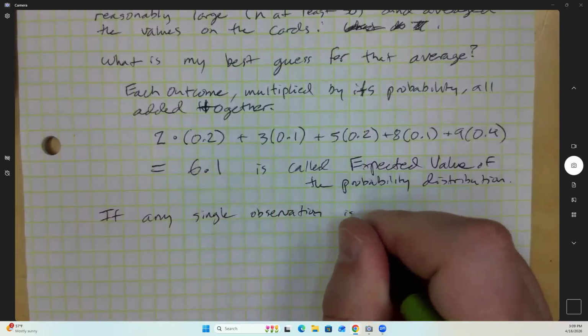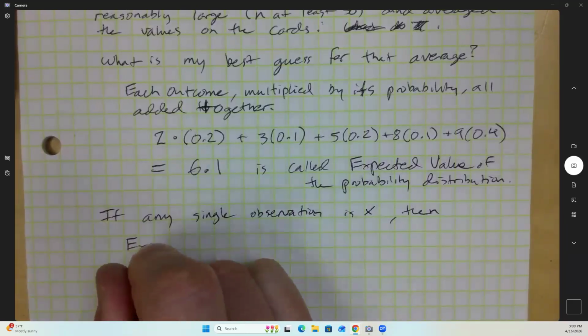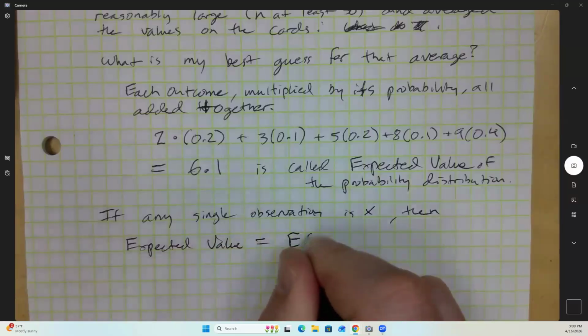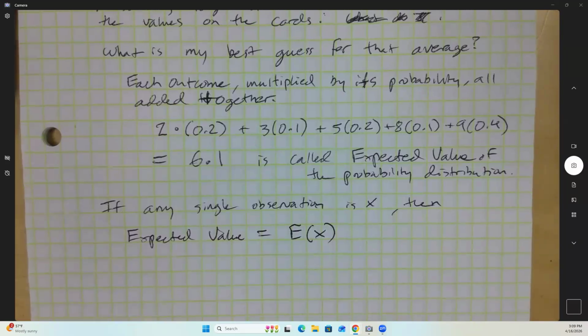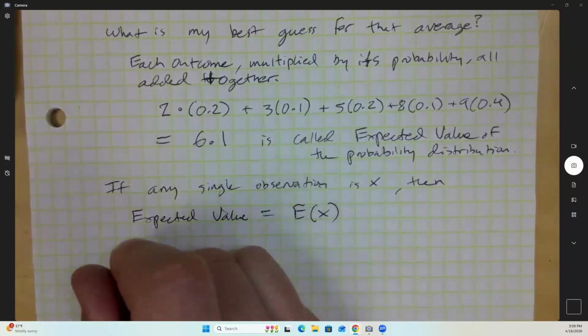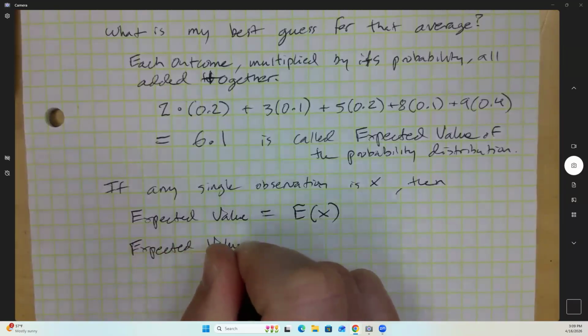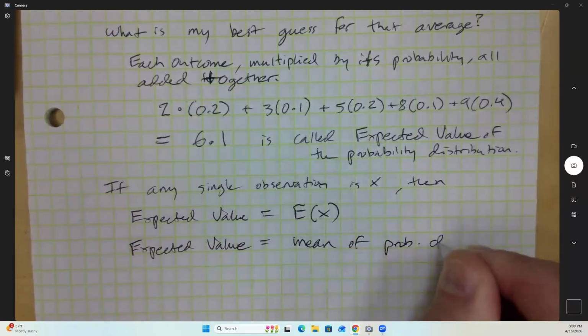If any single observation is X, then the expected value we write as E parentheses X, expected value of X. Mathematically, the expected value is also the mean of the probability distribution.